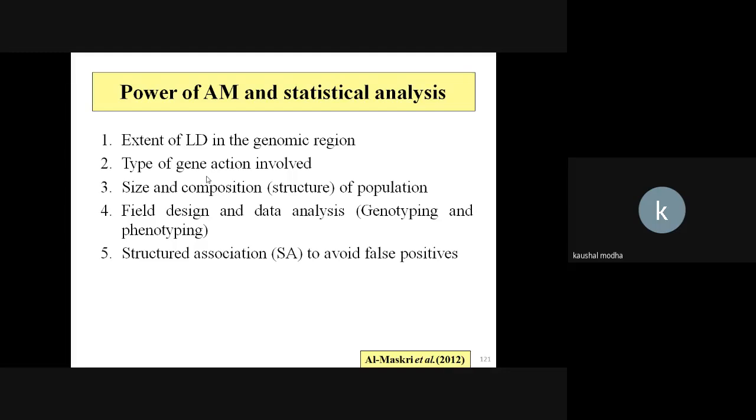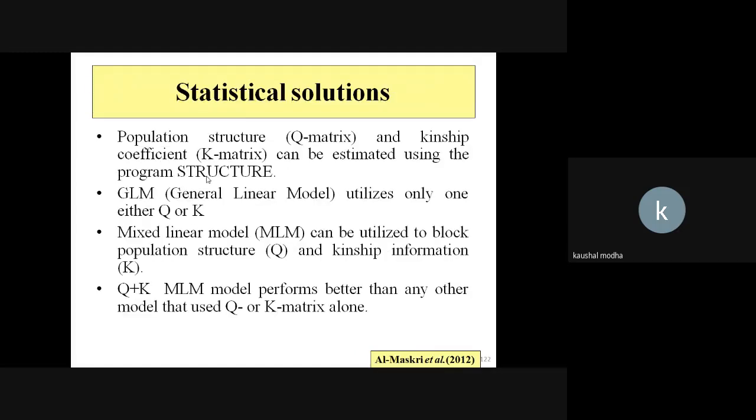Genotyping is nowadays very accurate and it is possible, and it is easy as compared to phenotyping, especially when you consider complex traits like salinity tolerance, abiotic stresses, other quantitative traits. And how you are dealing with false positives also decides the power of association mapping. I'll come to that point, how we can work this out, how we can apply this.